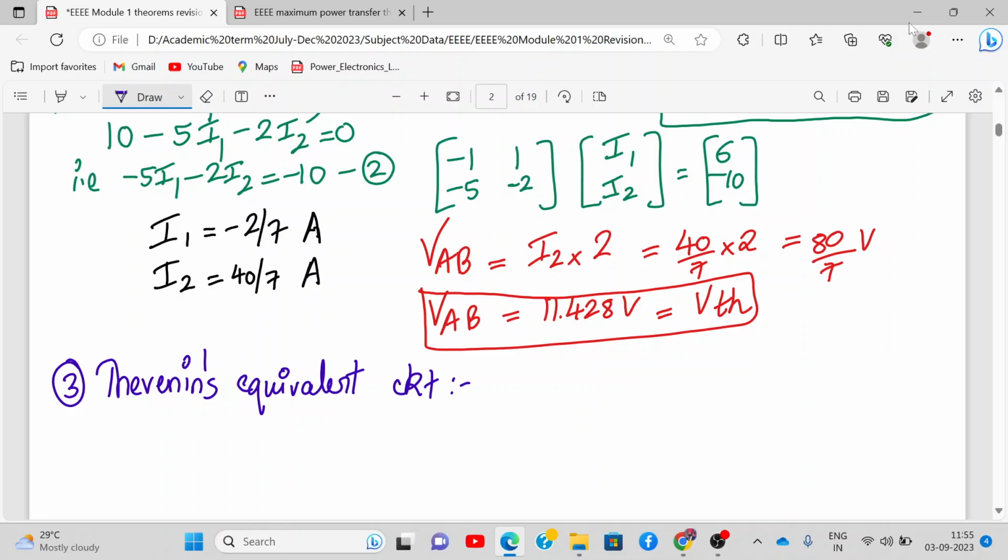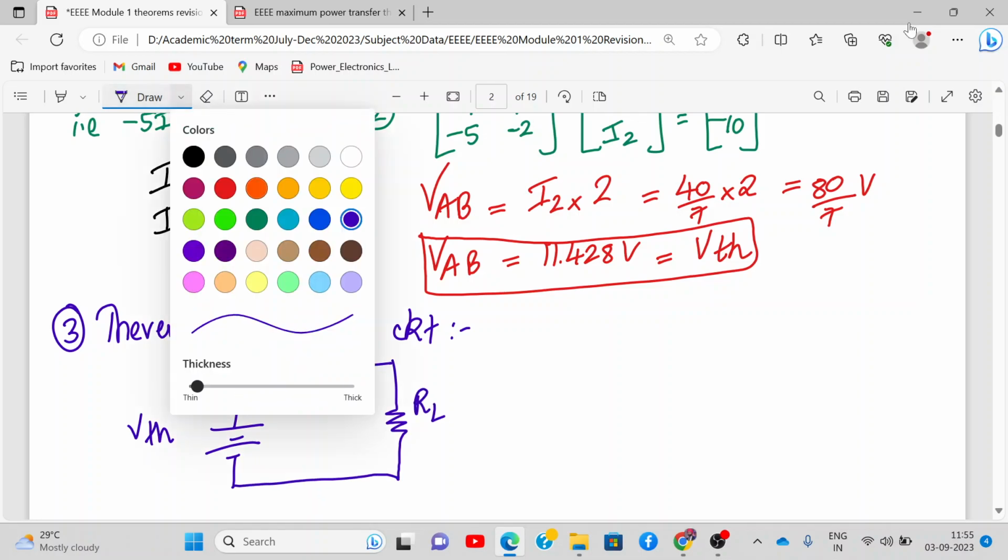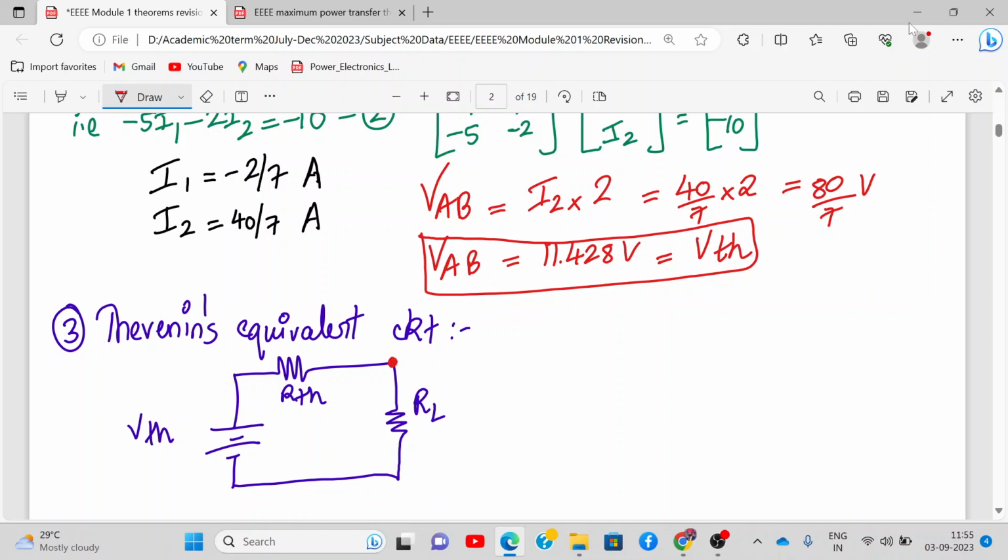So let's draw it quickly. This is my VTH, this is RTH, and this is load RL. This is point A, point B.